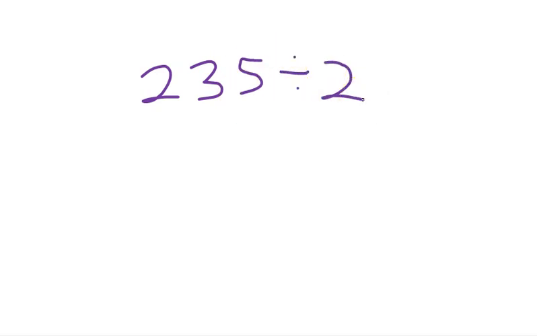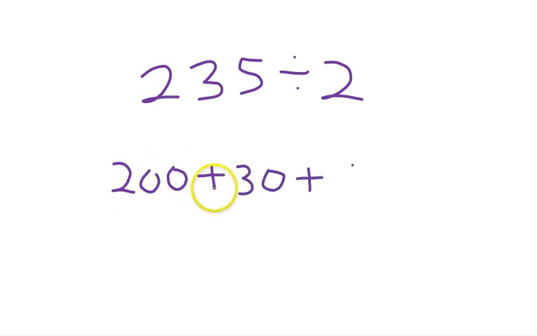We can do this mentally by breaking this number into 200 plus 30 plus 5. Right. And moreover, if we think of subtracting 1 from this particular number because it is an odd number, we could write 4 over here. And so instead of writing 235, we'll say 234, knowing very well that our final answer will have 0.5. Right.